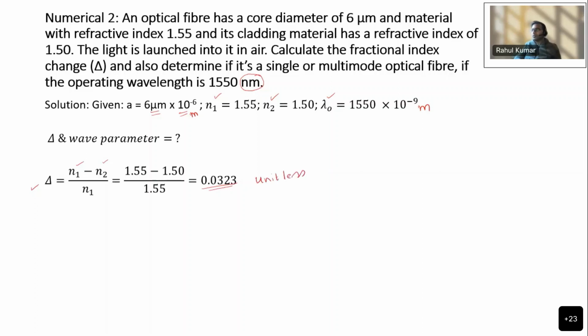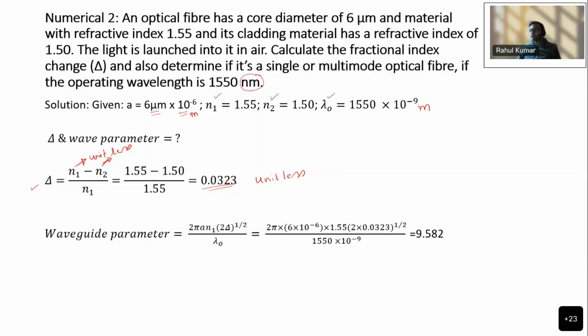Okay, because all these N1 and N2, the refractive index, are unitless quantities, so your delta will also be unitless. And then we can use value of delta here and all the other values in this formula and calculate the wave parameter.